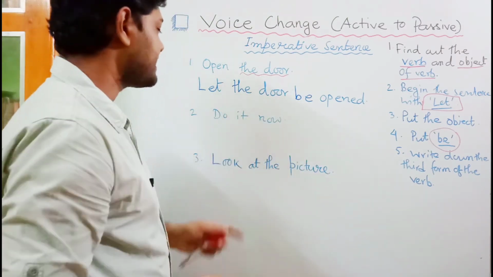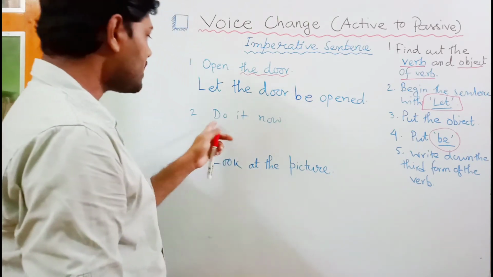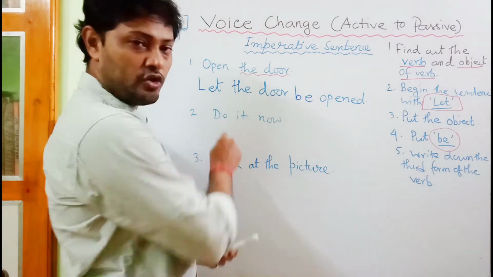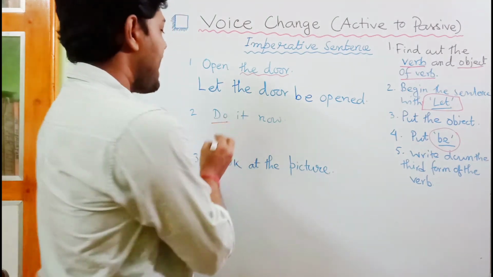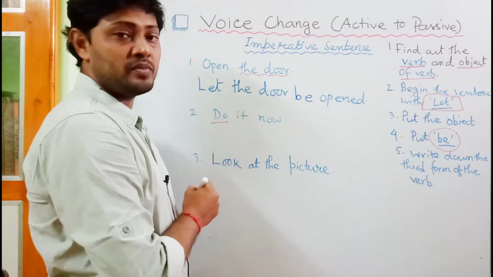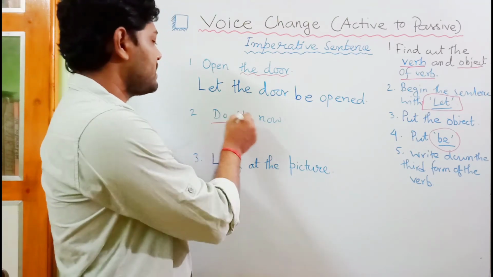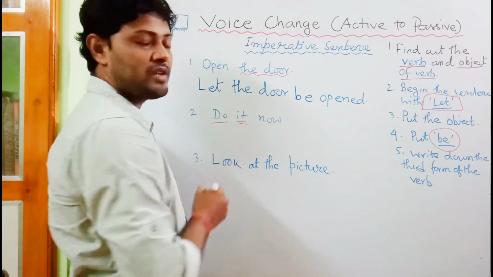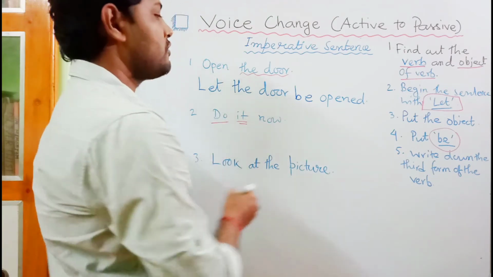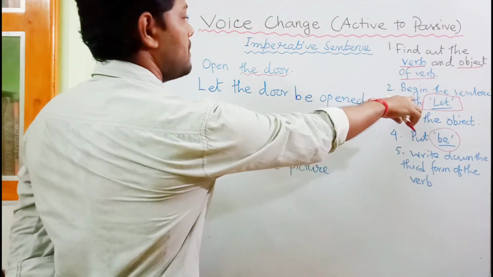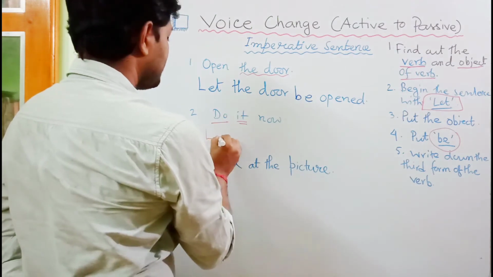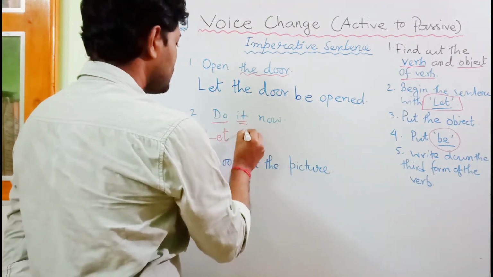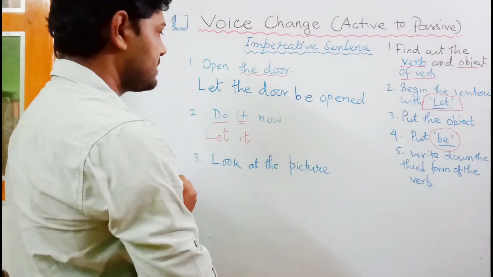Let's try the second example. Do it now. So here the verb is do and what is the object here? It, and now is not the object. So first begin the sentence with let, then we have to write down the object.